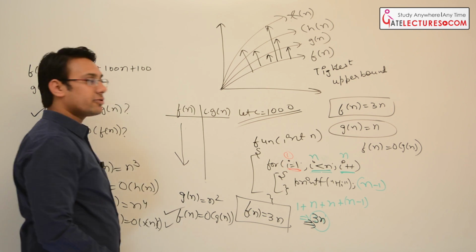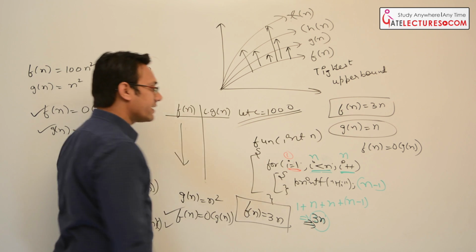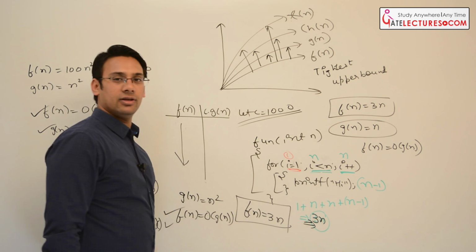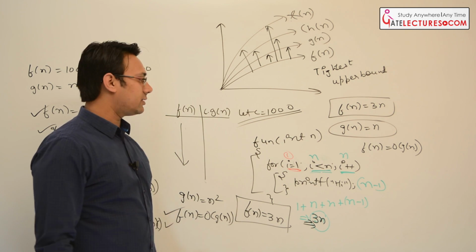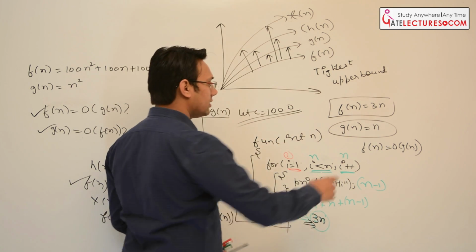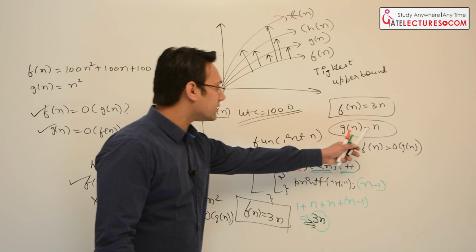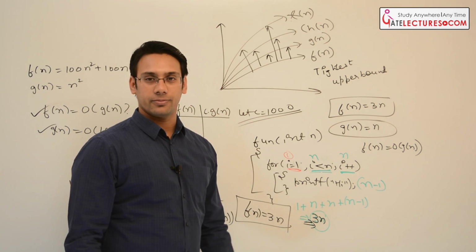We can take the constant c which is greater than this, therefore c times g(n) will be greater than f(n). Hence we can say that f(n) is order of g(n). But in this case, this is the tightest upper bound as compared to the other upper bounds.